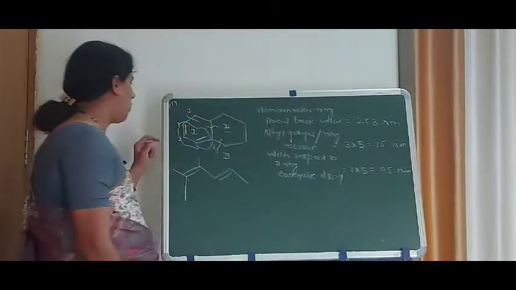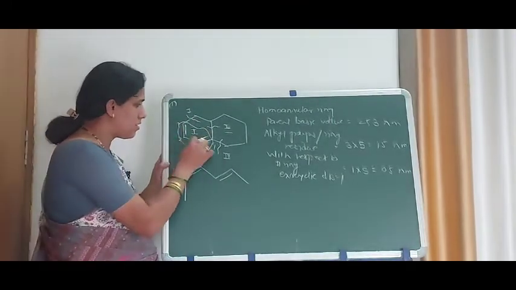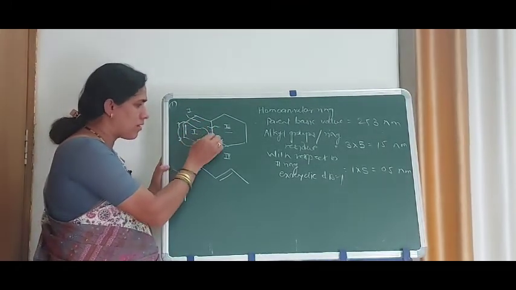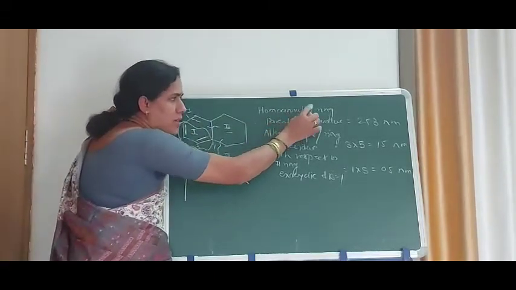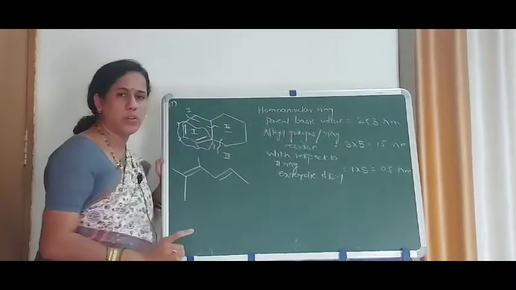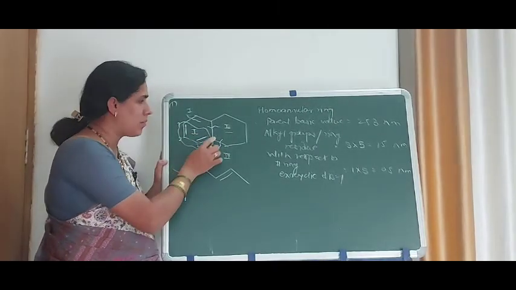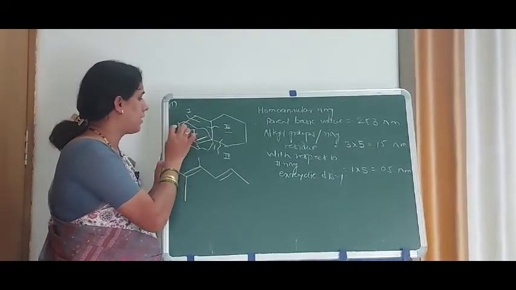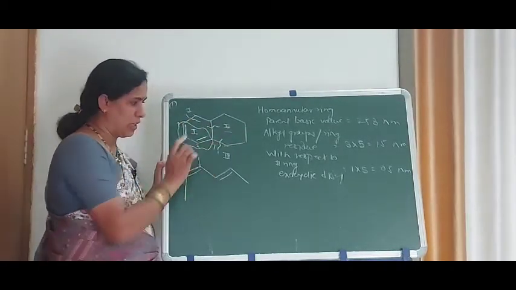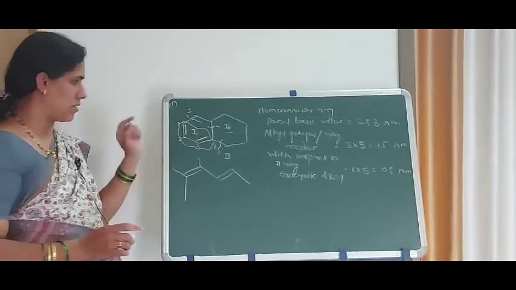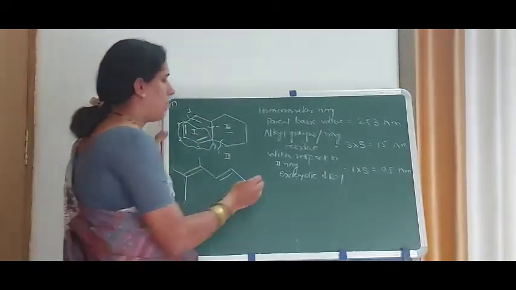What is the remaining one? Again, we have to see the structure. First, this is the double bond of the butadiene structure in the same ring, therefore the ring is called a homoannular base. Parent value is equal to 253. Again, one exocyclic double bond with respect to the second ring. And again, the alkyl groups are 1, 2, and 3, up to 4 positions. 3 rings, so 3 into 5, what is the total?